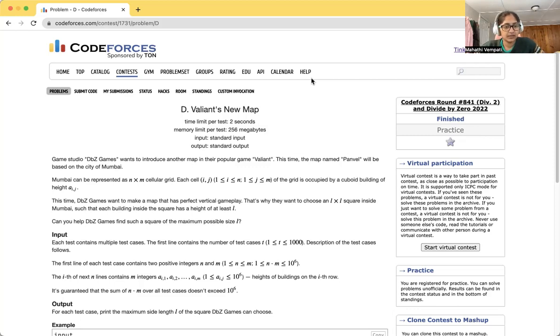Valiant's new map. And the city of Mumbai, nice. N cross M cellular grid.